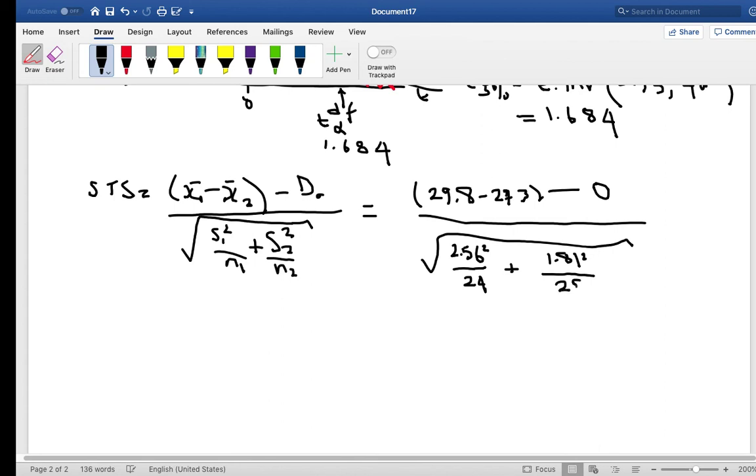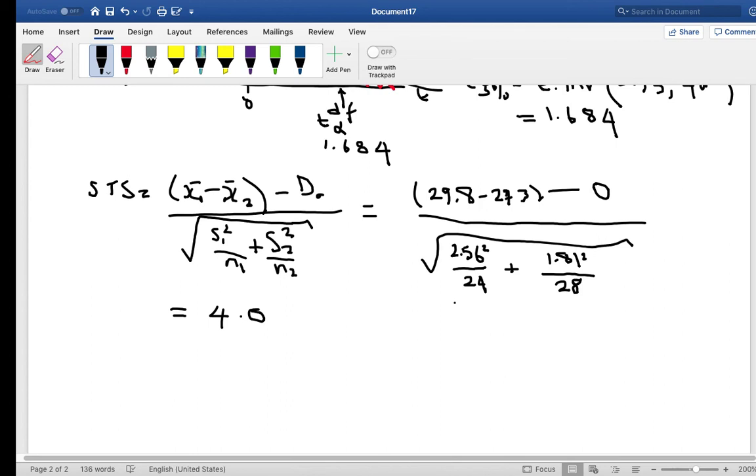Now we did something very similar to this in the previous example. So I'm just going to put a result of what that comes to. Approximately comes to 4.0, or something like that.